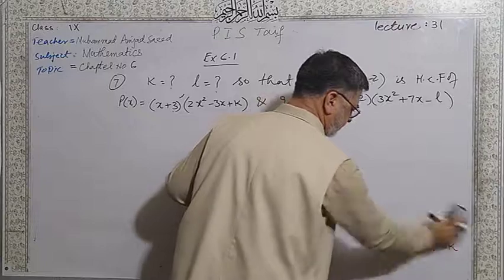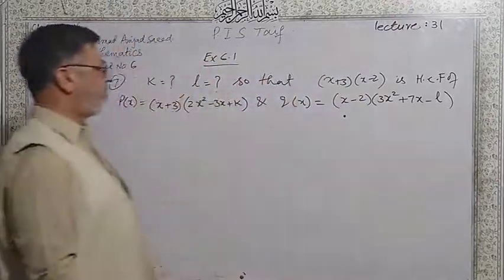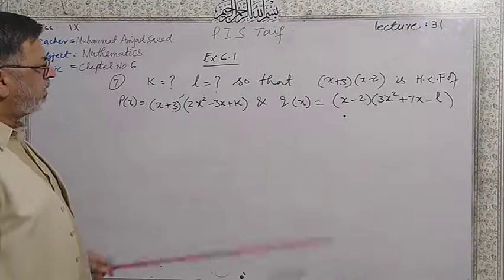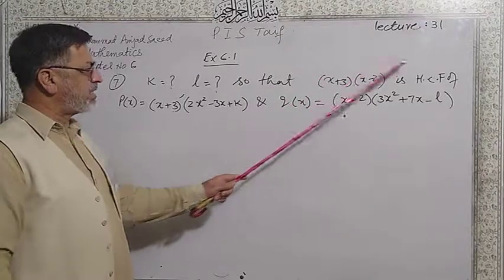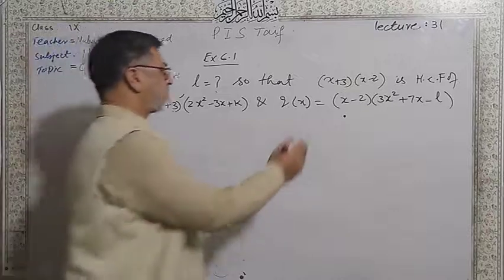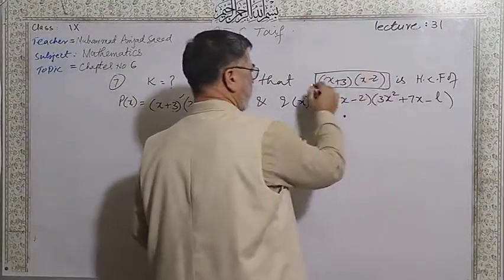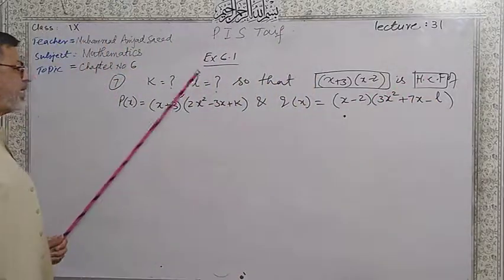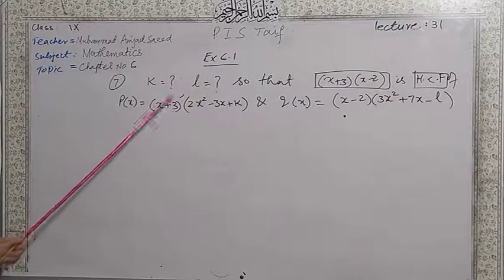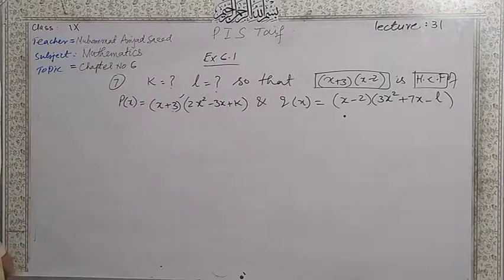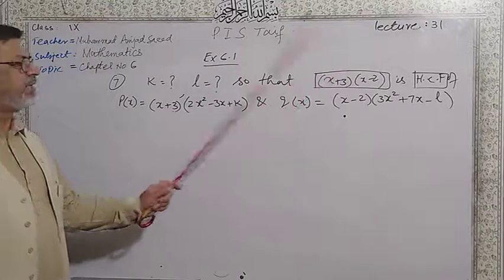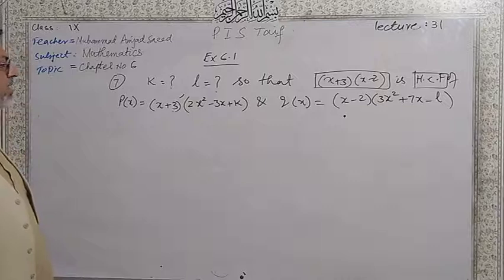Dear students, from here you can have the idea. First of all, you must understand that x plus 3 and x minus 2 is HCF of P of x and Q of x. It means that this P of x is exactly divisible by this and the remainder must be 0.